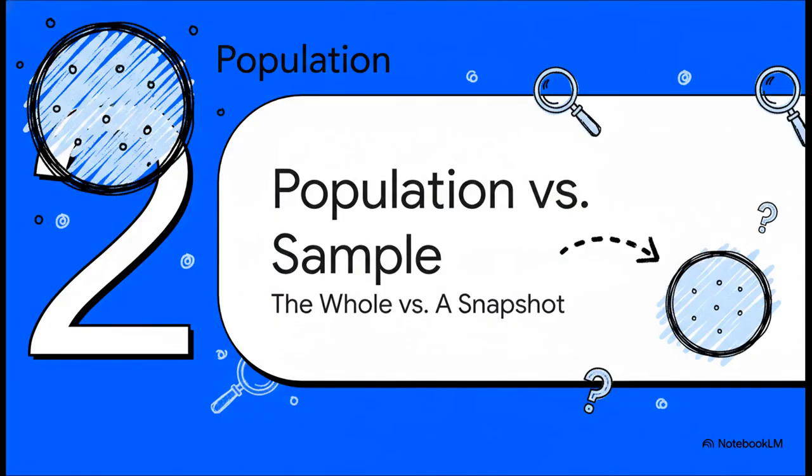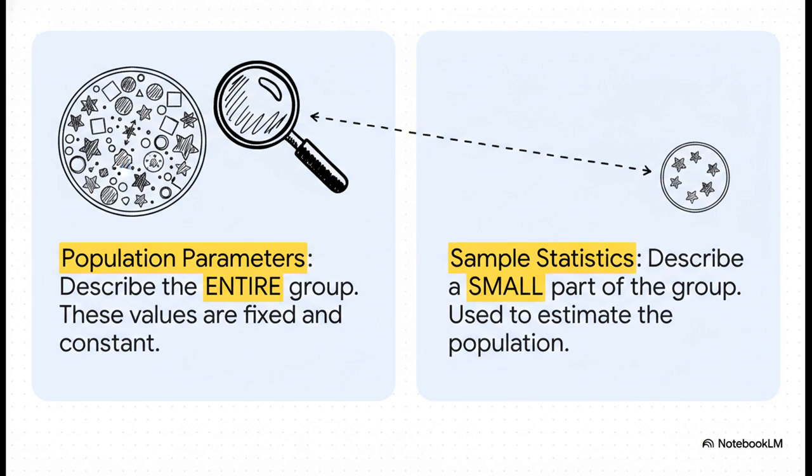Okay, next up. So you figured out what kind of data you have. Now you need to ask, how much of it are we looking at? Are we trying to analyze every single thing that's ever happened? Or are we just taking a quick snapshot to see what's going on? And this brings us to a really core idea in statistics. The population. That's the whole shebang. It's every single product, every customer, every transaction.